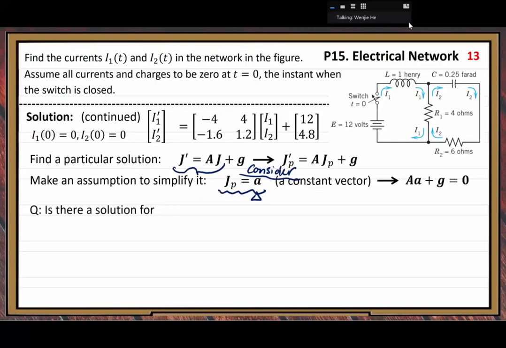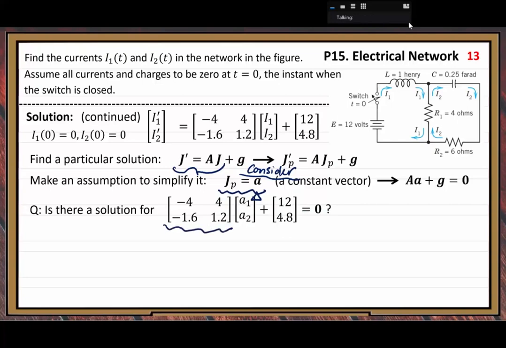The question: is there a solution for this equation? We need to see if the solution of this linear system exists or not. Here I review linear algebra knowledge another time.